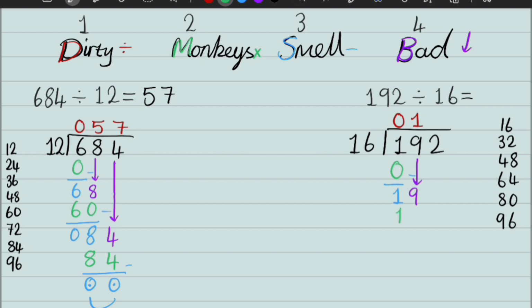Whoops, making a mistake. 16. Subtract. 9 subtracting 6 gives me 3. 1 subtracting 1, 0. And I'm going to bring down my 2 so that I've got 32.